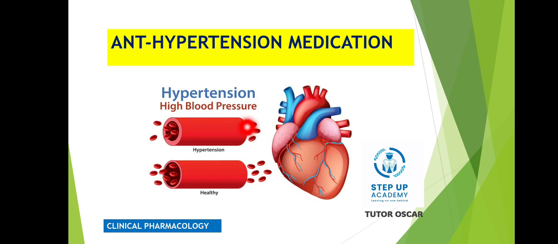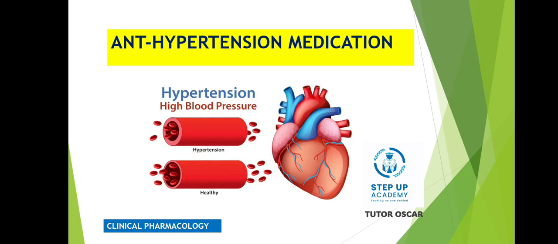When we're talking about hypertension, like I've said, we need to understand first what blood pressure is. When you look at this blood vessel here, which has blood in it, and then at the second blood vessel, which is a healthy one, you are going to see the difference.